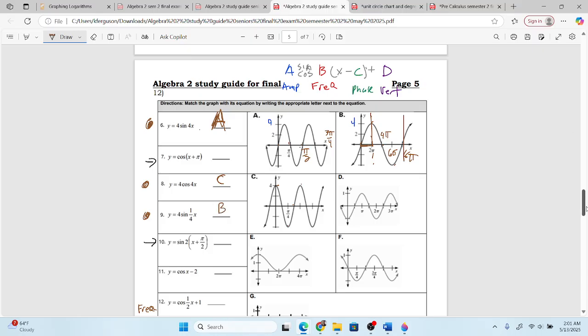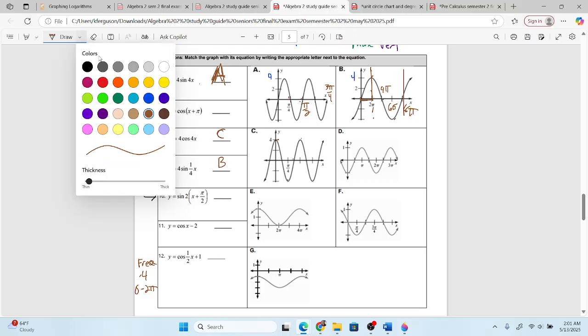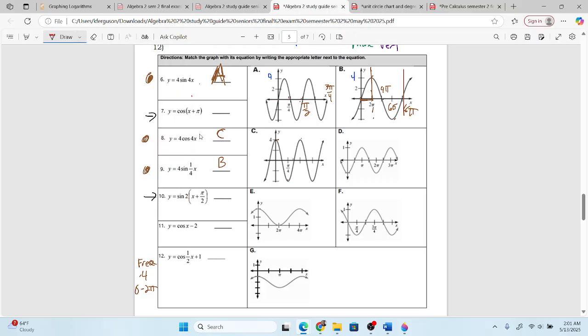So next, it's a little self-explanatory. If I look at E and G, the midline is different than all the rest of them. The midline on all the other graphs is the x-axis, except for these two. There are only two that have vertical shifts.